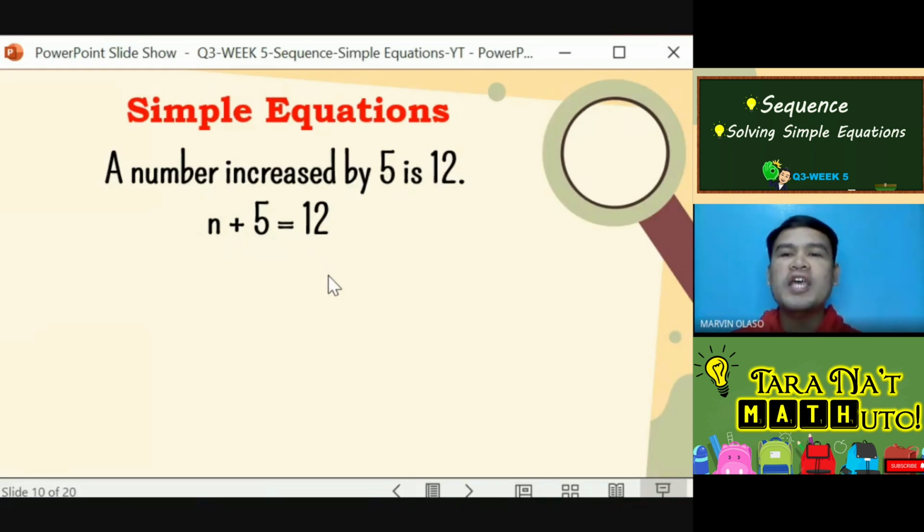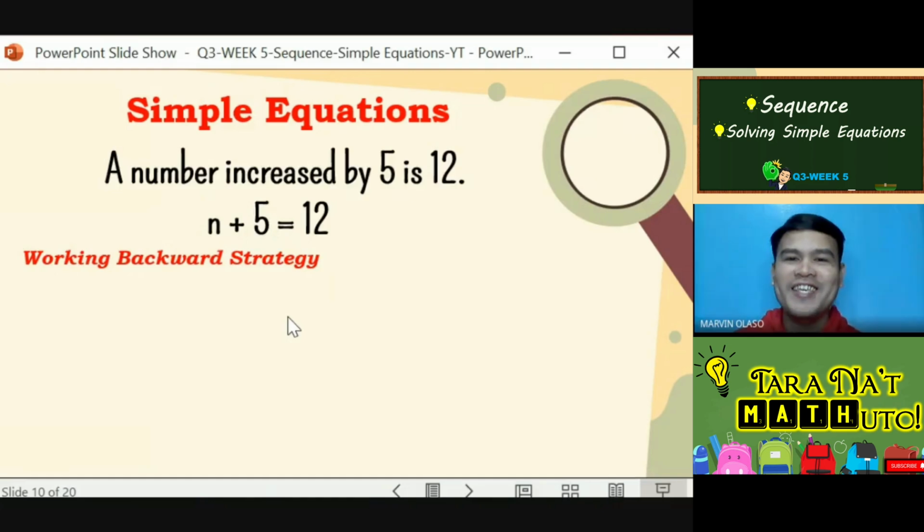Now, to get the unknown number, let's use the first strategy, which is working backward strategy. The word working backward means we will start from the end going back to the first step. Parang sasakyan lang, umaatras lang tayo. Kaya the operations we will use there is the opposite of the given. Ano ibig sabihin ng opposite? Remember, addition and subtraction are the inverse operations.